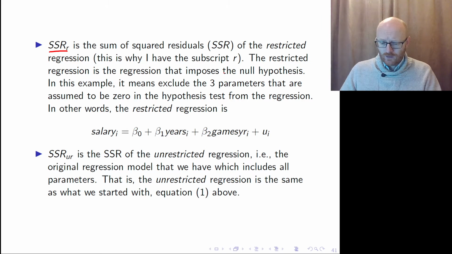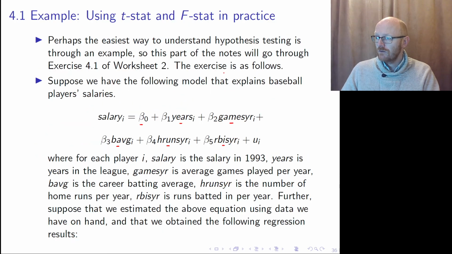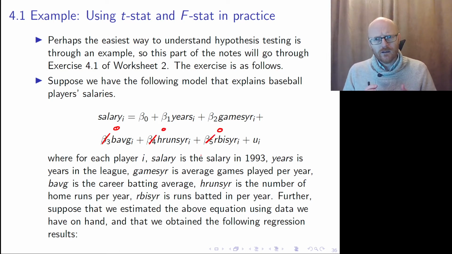When we set them to 0, we can look at the original equation here, and if this is 0, this is 0, and this is 0, then these variables have no impact on the salary, which means that we are only left with these variables.